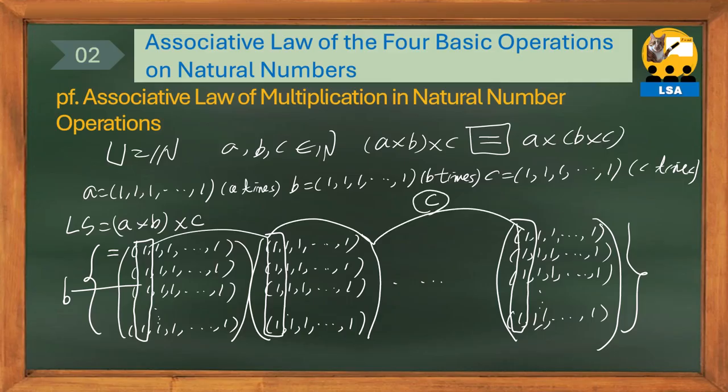The number of the second component also becomes c. If we continue making groups in the same way, the number of the last component group also becomes c.